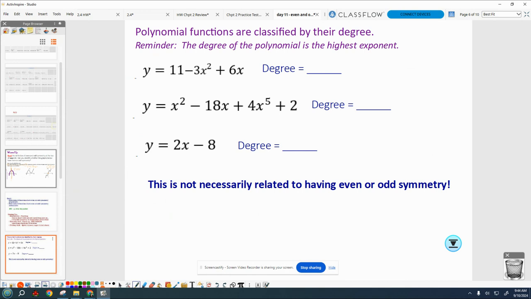Algebra 2, they should have talked to you about how we name functions. We name them by the highest degree. Degree is the highest exponent. So Coco, in this first one, what's the degree?